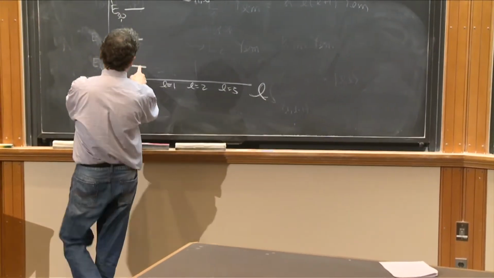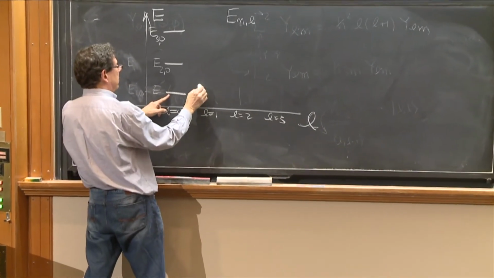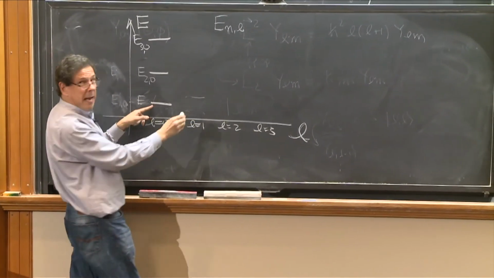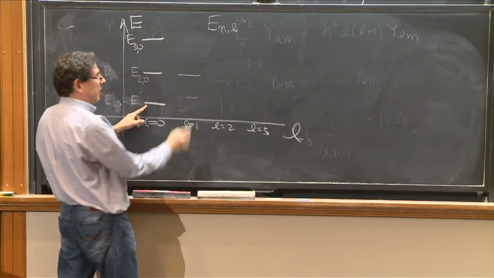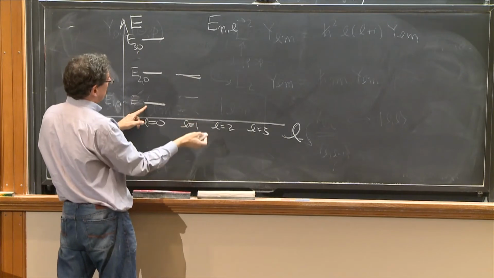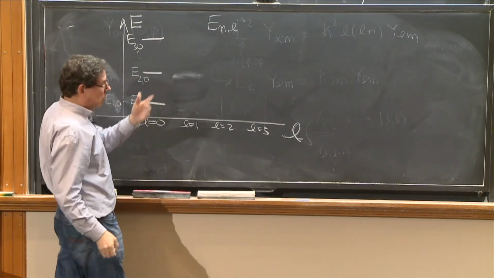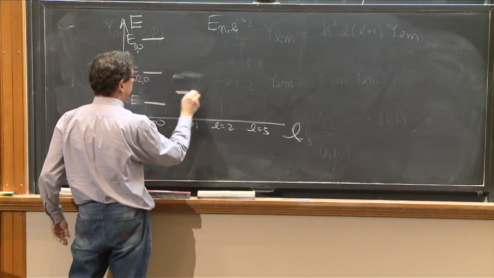And therefore, the first one could be a little higher than this, or maybe by some accident it just fits here. Well, we don't know, but there's no obvious reason why it should.